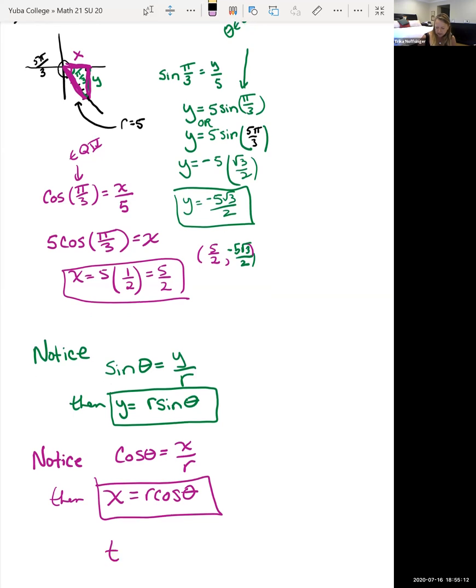Tangent theta is y over x. And r squared equals x squared plus y squared.